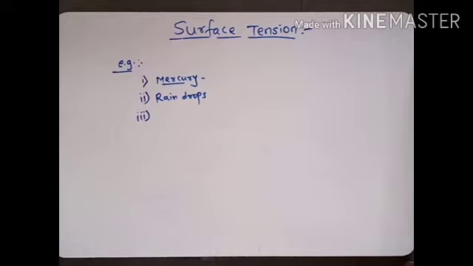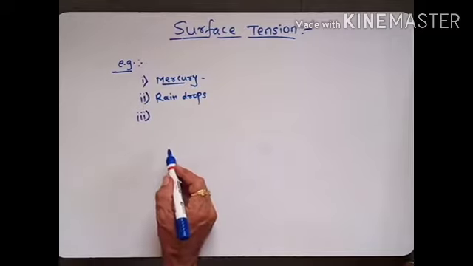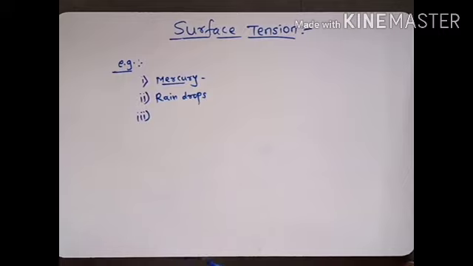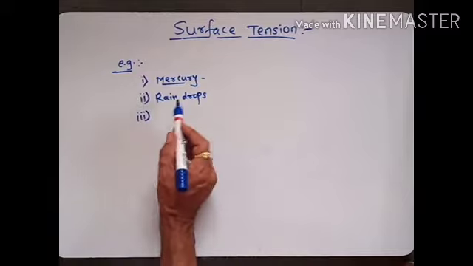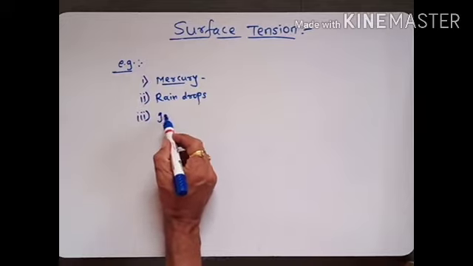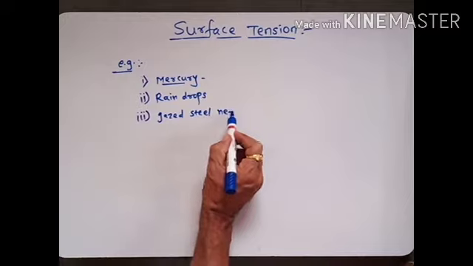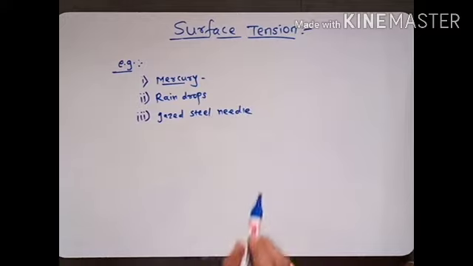All these examples show that the free surface is always under tension, called surface tension. That means mercury drops are spherical, raindrops are spherical, and a gauged steel needle floats on the water surface, and all these are examples of surface tension.